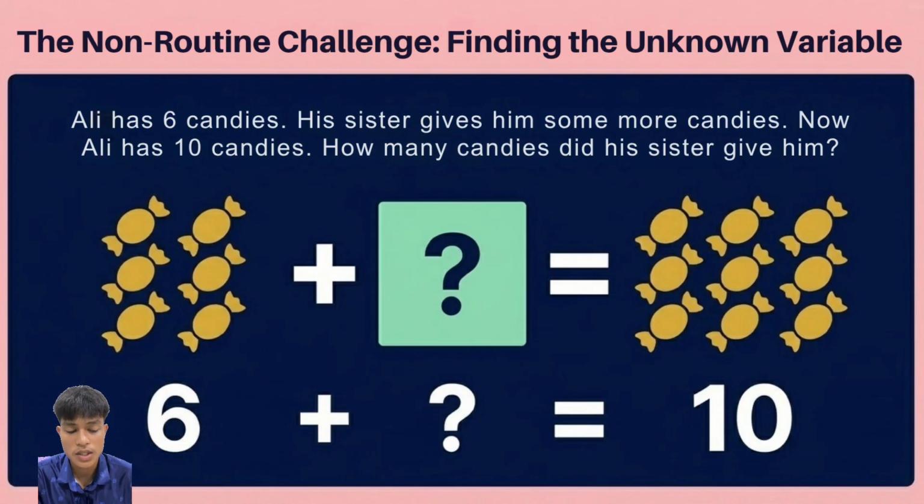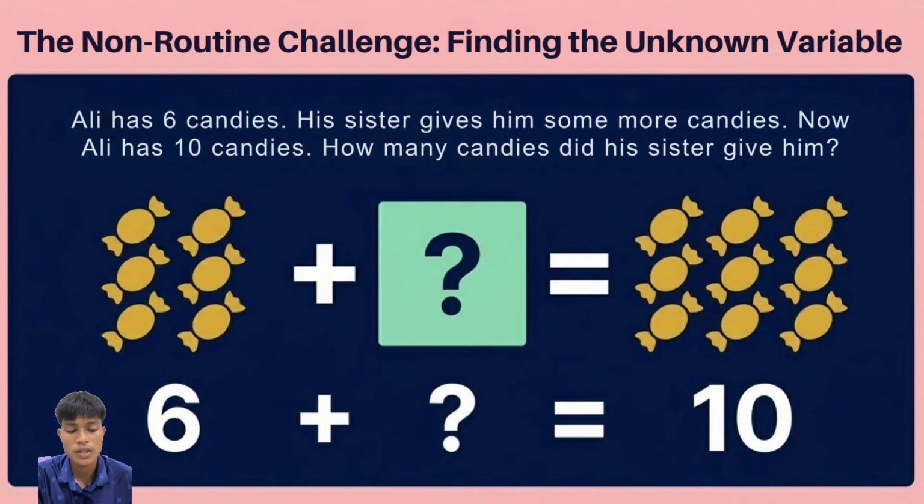This question is more challenging because the missing number is not given directly. Pupils cannot immediately see the answer. Instead, they need to think carefully. They need to ask themselves, if Ali already has 6 candies, how many more candies are needed to make 10? This type of question is called a non-routine problem because pupils need to think beyond simple memorization.